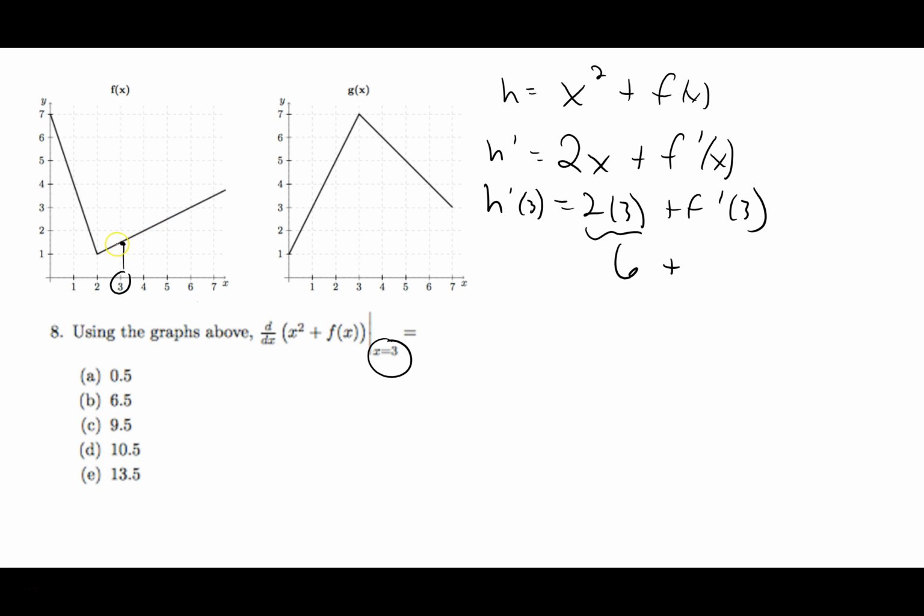But as long as we can go along this line and find 2 corner points that it goes through, the slope between these 2 points will be the same slope that's going on at x equals 3, where we go up 1 and over 2. So f prime of 3 is 1/2. And so that's going to be 13 over 2 as an improper fraction. As a decimal, 6.5.